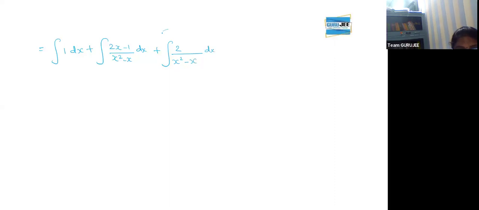How to simplify this? What can we do here? 2 is a constant, so bring this constant outside. It becomes 1 by x, and since there is x, take the common term outside: x minus 1 dx. Now I have 1 in the numerator. I am repeating. Please listen, otherwise you won't understand. 2 integral 1. I have 1 here.